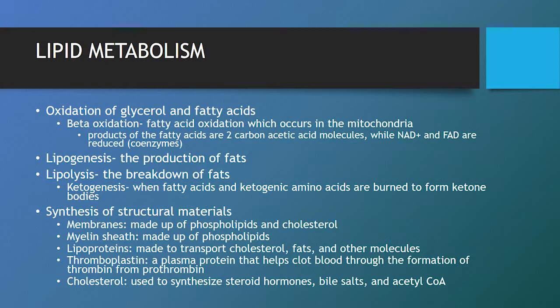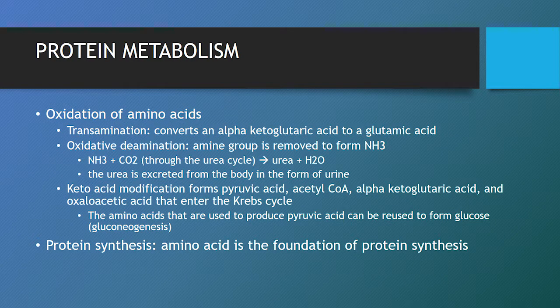Next is the protein metabolism. Oxidation of amino acids: transamination converts an alpha ketoglutaric acid to a glutamic acid, and then in oxidative deamination, the amine group is removed to form an ammonia molecule.